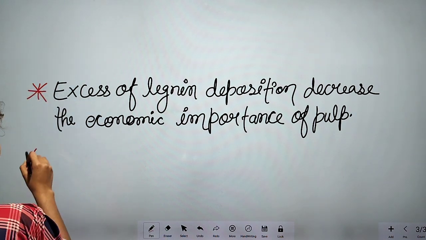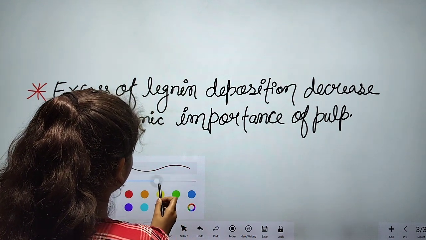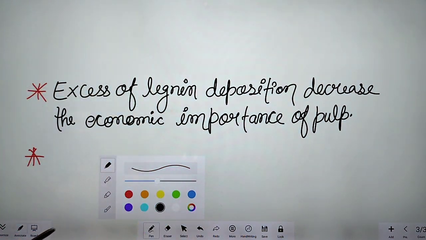And our last point: if excess lignin decreases the economic importance of pulp, how do they work?